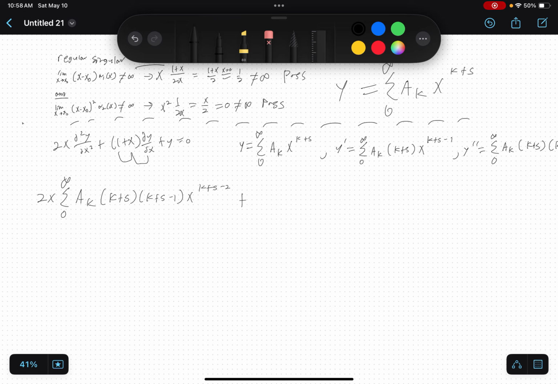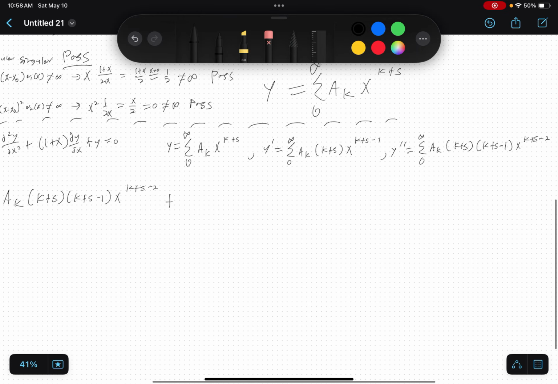I'm going to multiply this out to each of them. So I've got a 1 times the derivative of y, so it's just 1 times all of that, but I'm not going to write the 1.